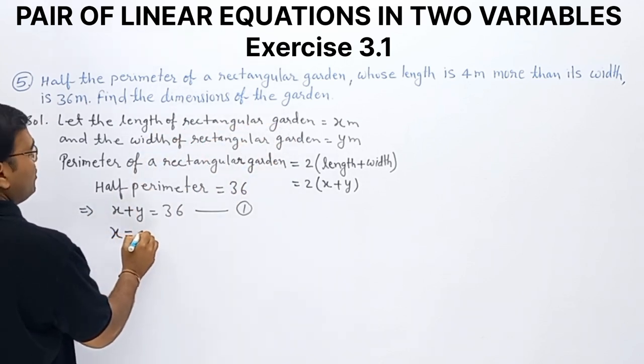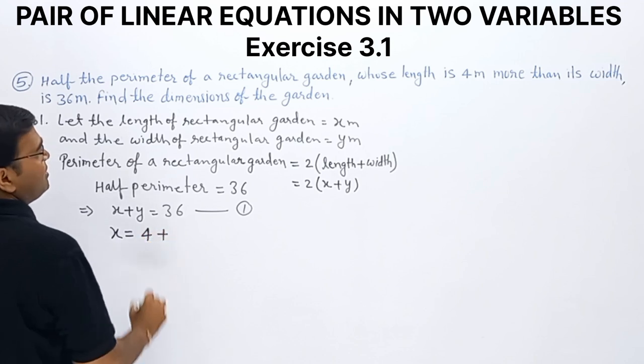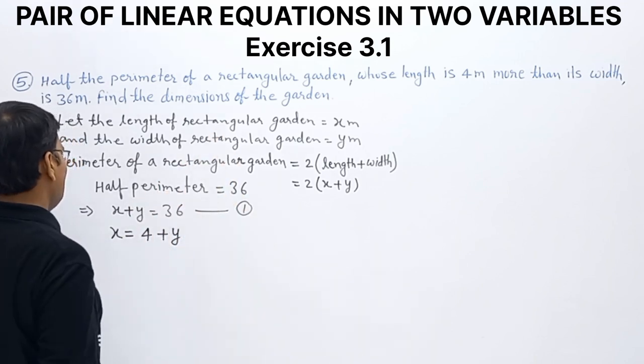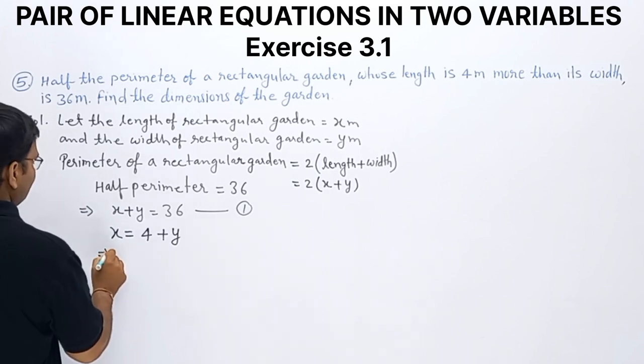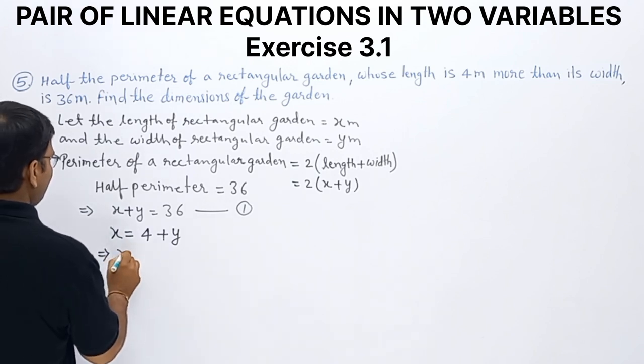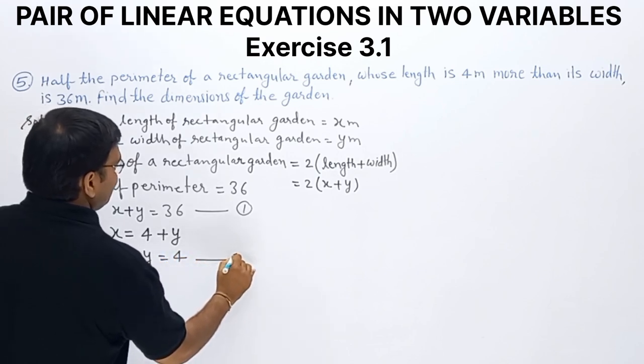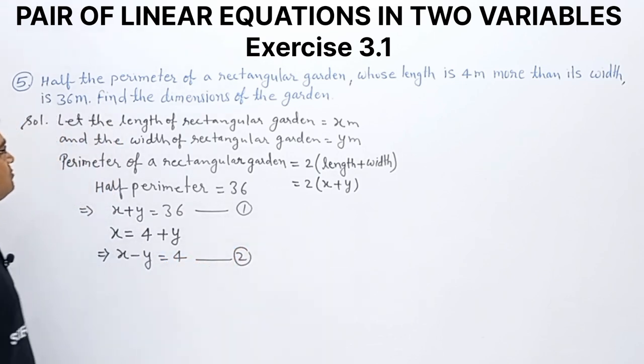Length is 4 meters more than its width, so this is another equation. This can be written as X minus Y equal to 4. This will be equation number 2.